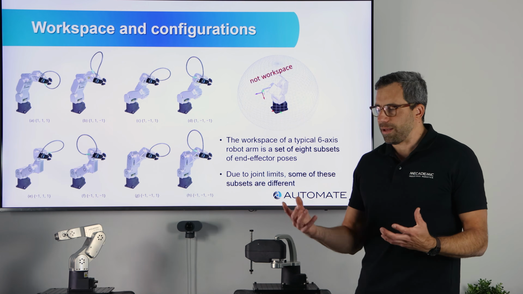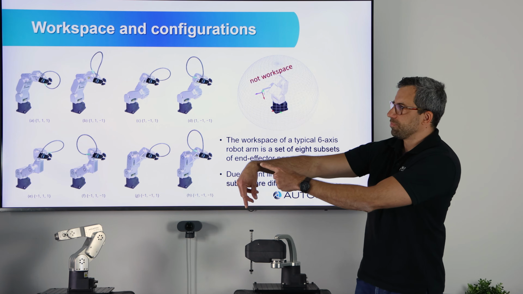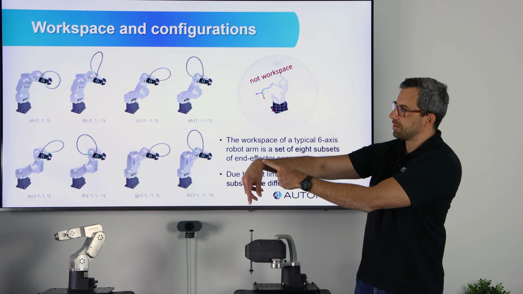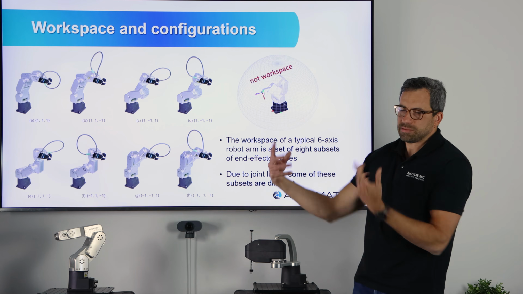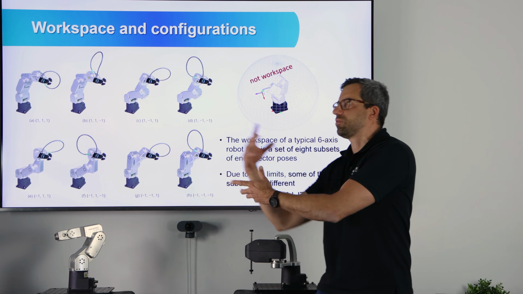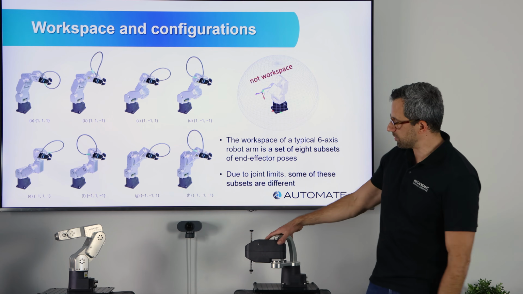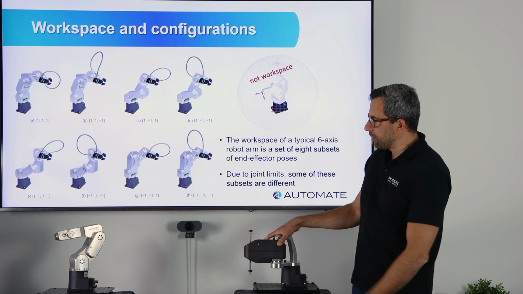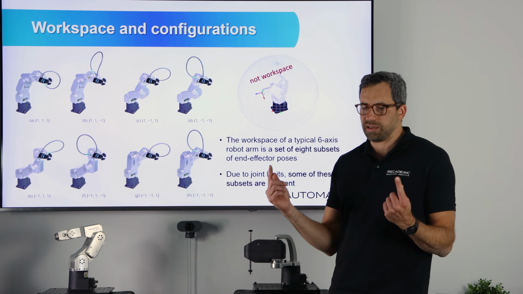The reach is just the maximum distance between the center of the wrist and axis 1. So this is not the workspace. This gives you some idea of how big the robot is. Maybe for the SCARA it gives you a good idea, but for a 6-axis robot it doesn't give you anything because this is just a single number.